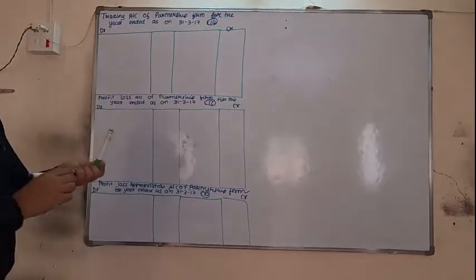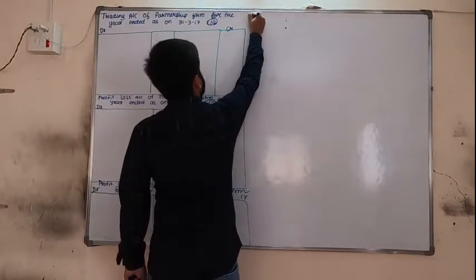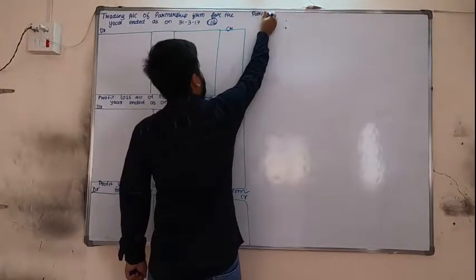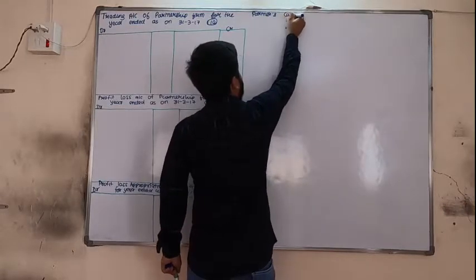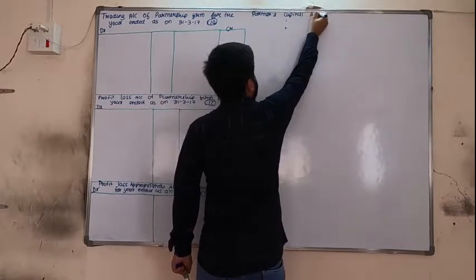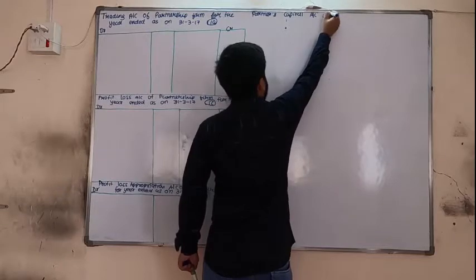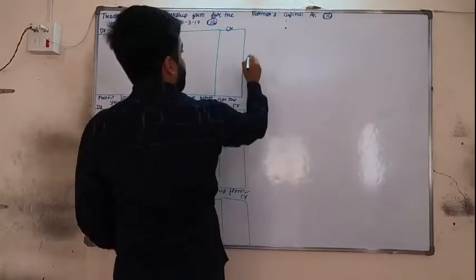Okay, now partners capital account. This is for 10 lines. Minimum every account should have 10 lines.